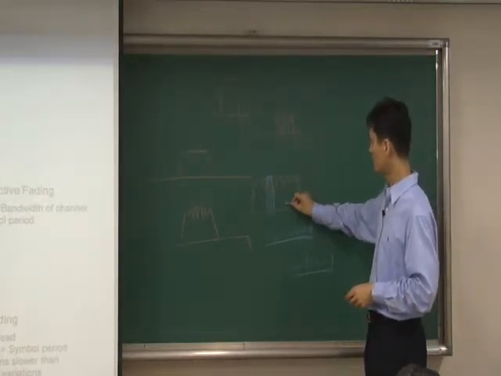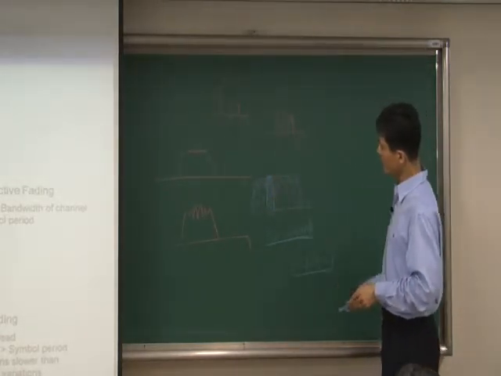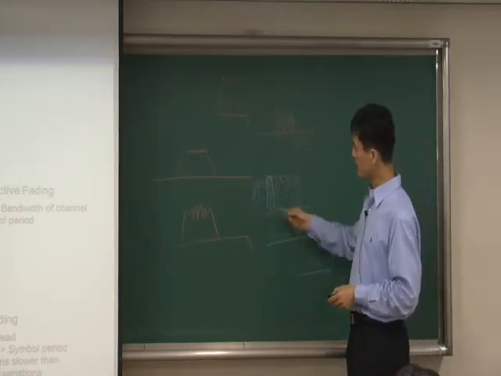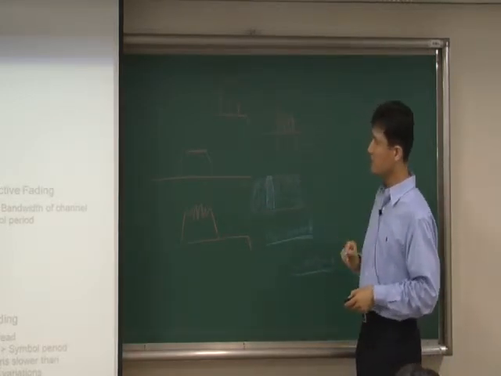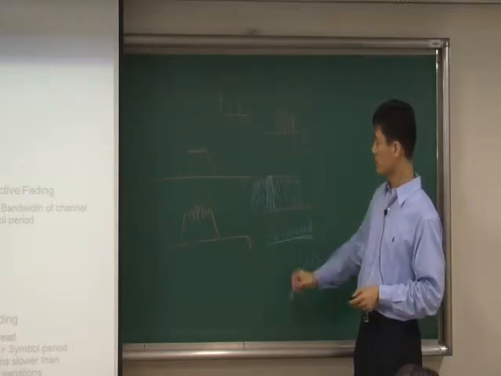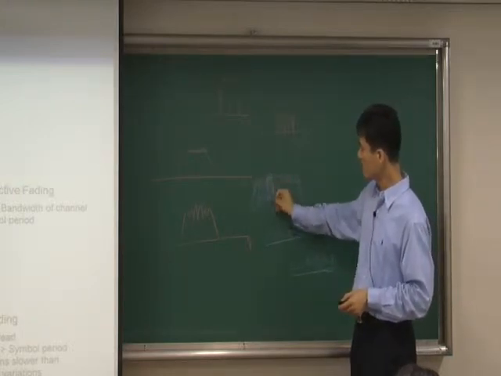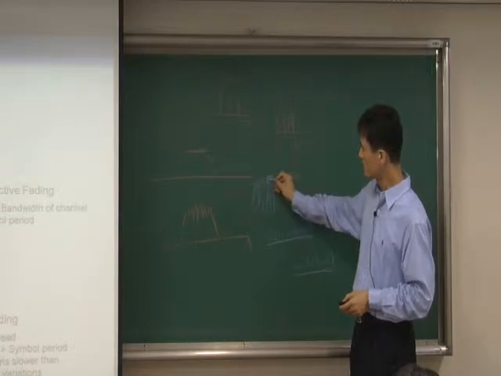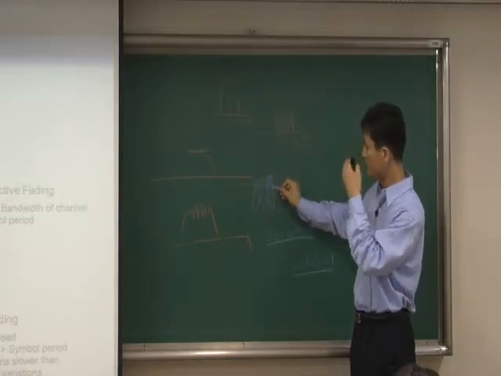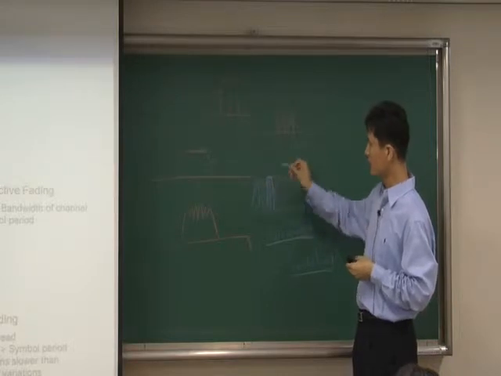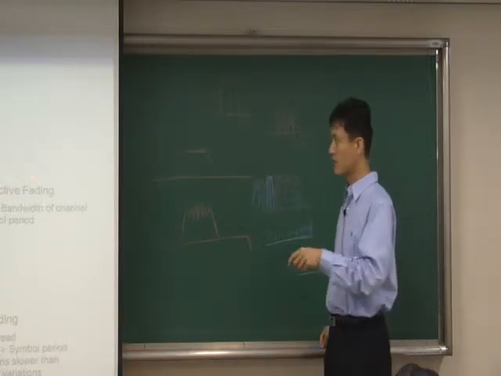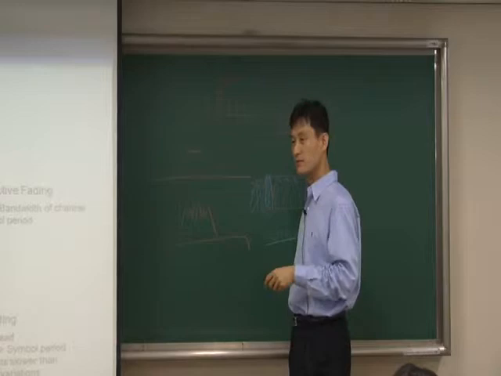This is my bandwidth. In that case, within my bandwidth, I have a lot of channel fluctuation. So this is called frequency selective fading, because for each frequency, you have a very different channel. Depending on the frequency, you have a different fading.